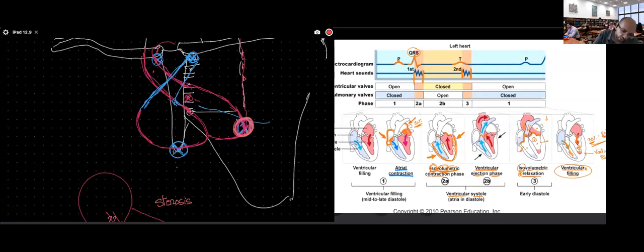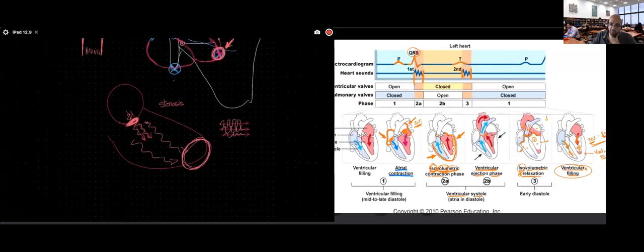So when I hear lub, sh, dub, this tells me what? If I did hear lub, sh, dub at this point on the chest of the patient, on the apex, this tells me that most likely this is going to be a mitral valve defect.